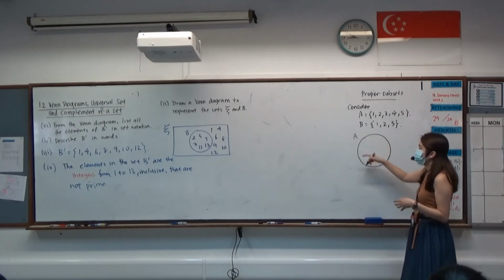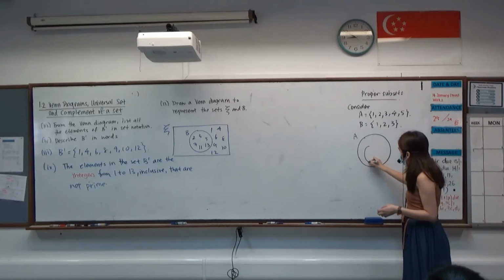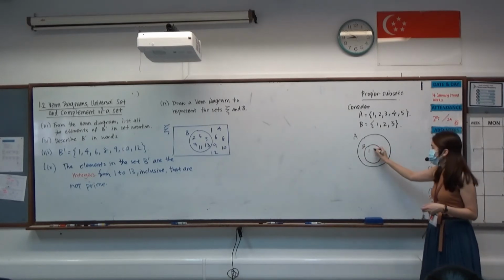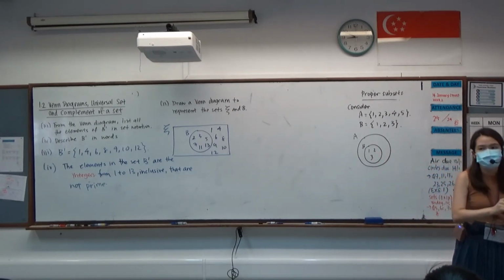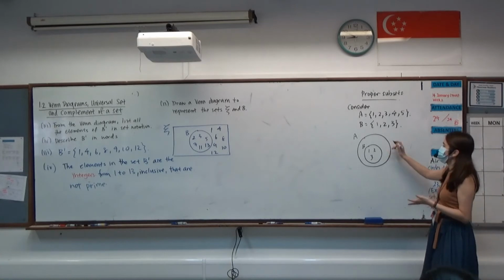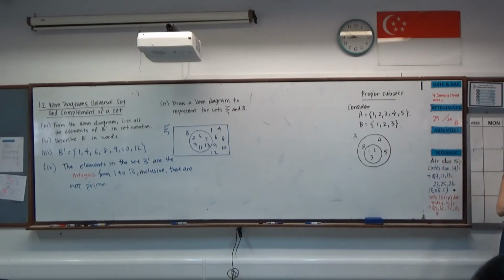We have A to be the bigger one since it contains more elements. B will be inside, because 1, 2, and 3 is the overlap. It is in common between the two sets, and then 4 and 5 are outside of B, but yet inside of A.